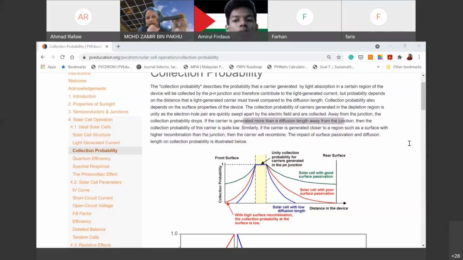Is it possible? How do you think, Amirul? So when you have the junction, how do you make sure that they are only within LE or LH from the depletion region in order to make sure they are collected?